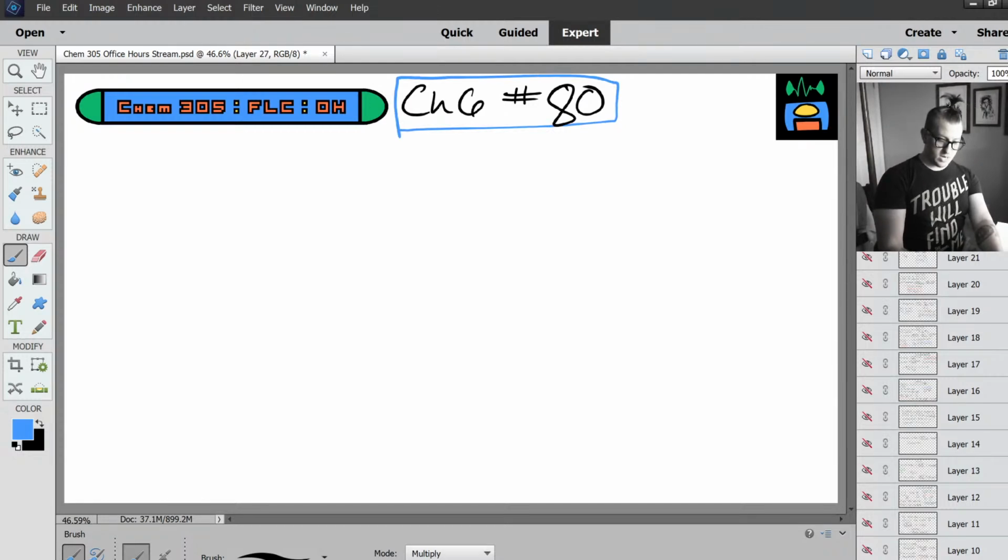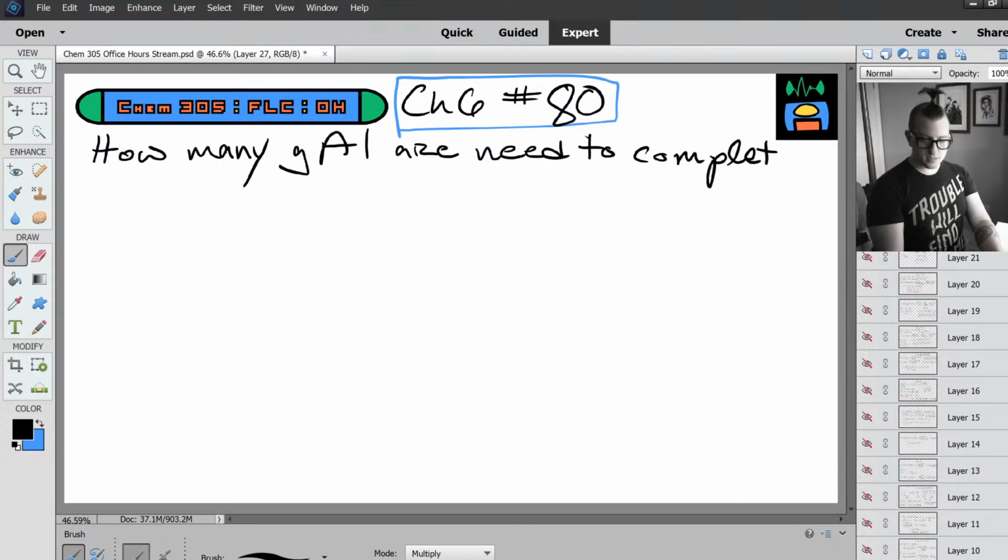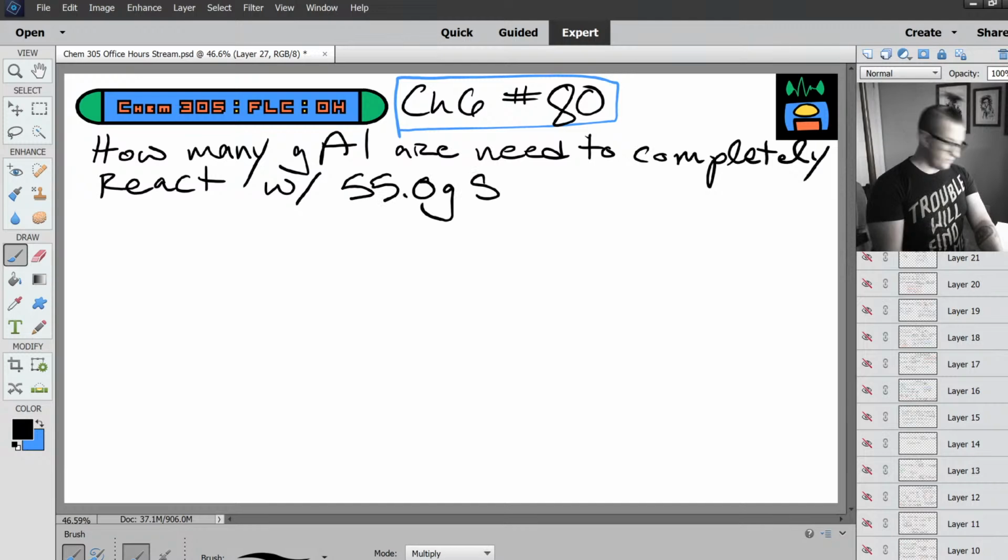Okay, so they are asking: how many grams of aluminum are needed to completely react with 55 grams of sulfur in the synthesis of aluminum sulfide?